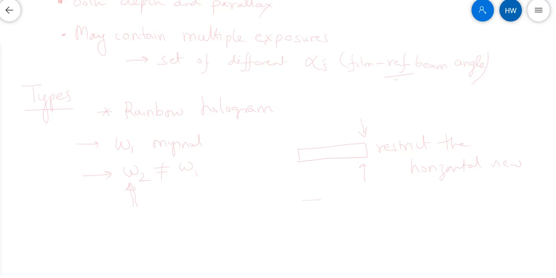For example, you will record a series of horizontal strips, which might be RGB colors, red, blue, and green, and so on. If I now view this hologram in white light, different colors are going to be seen at different angles. As you view this hologram, you will see different colors in the vertical direction, whereas in the vertical direction there will be no parallax.